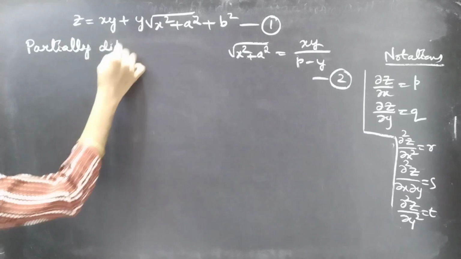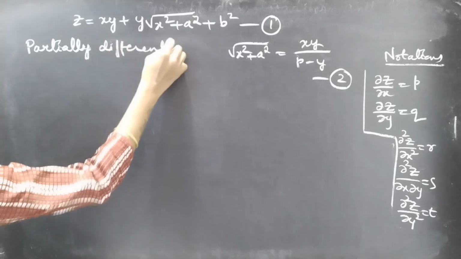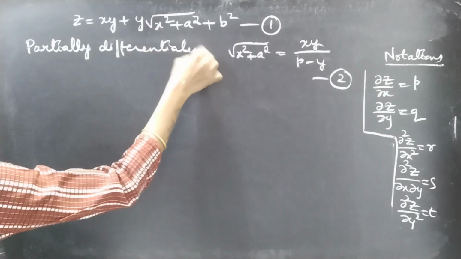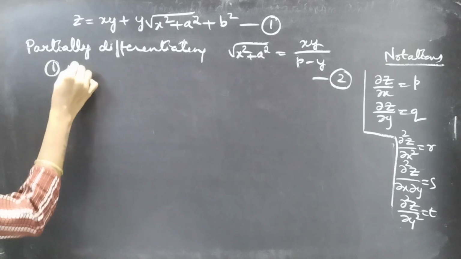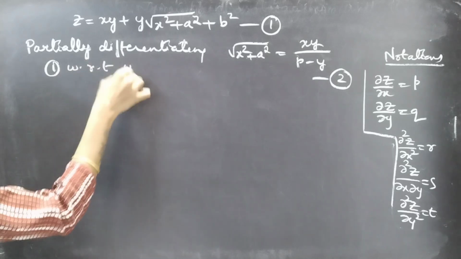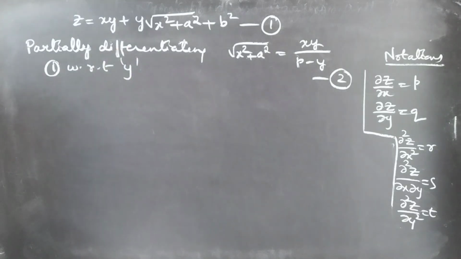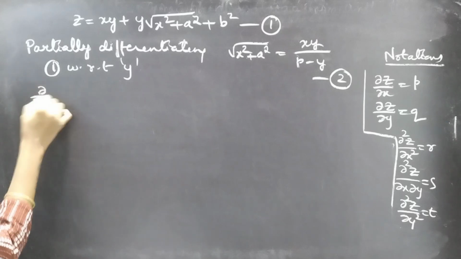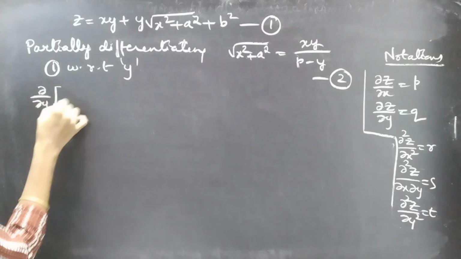Partially differentiating 1 with respect to y. Apply dou by dou y on both sides of 1.